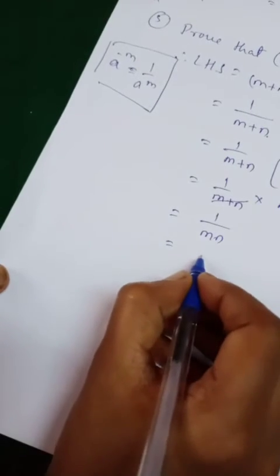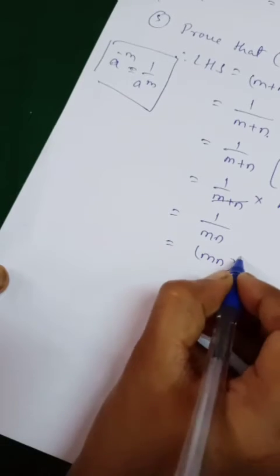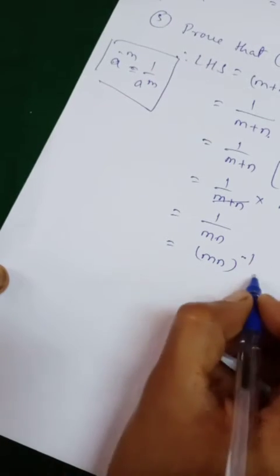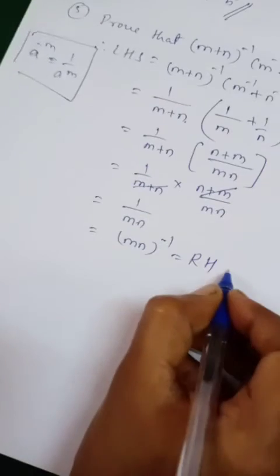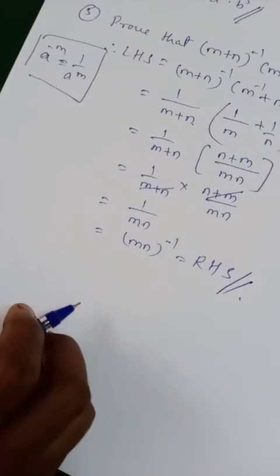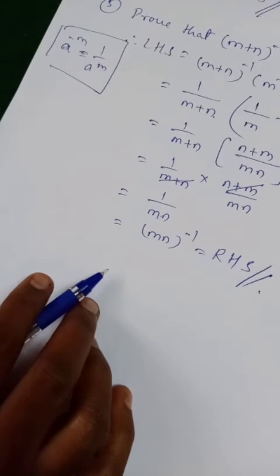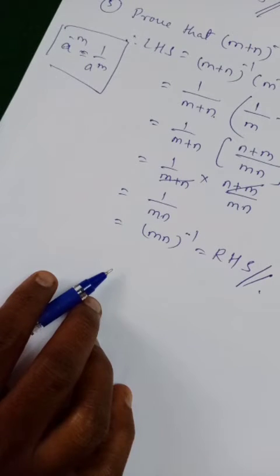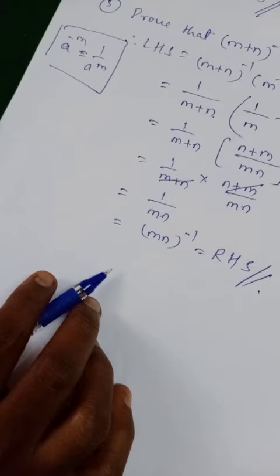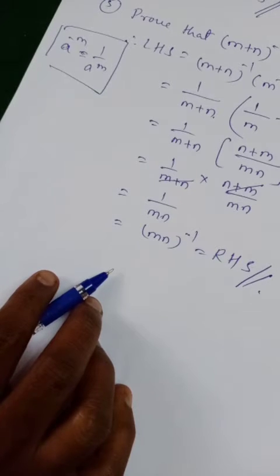So this is nothing but m into n to the power minus 1, which is nothing but RHS. Understood? Shall I take one more example?